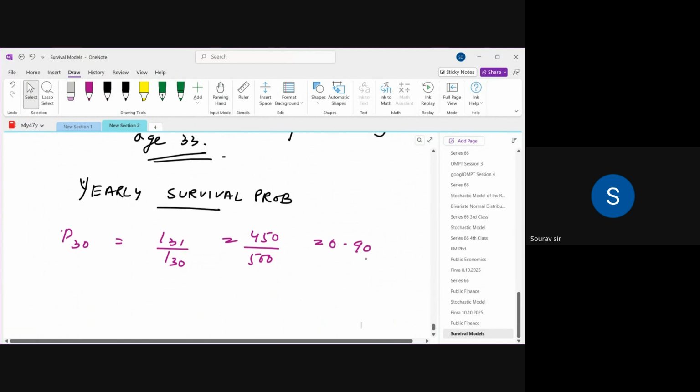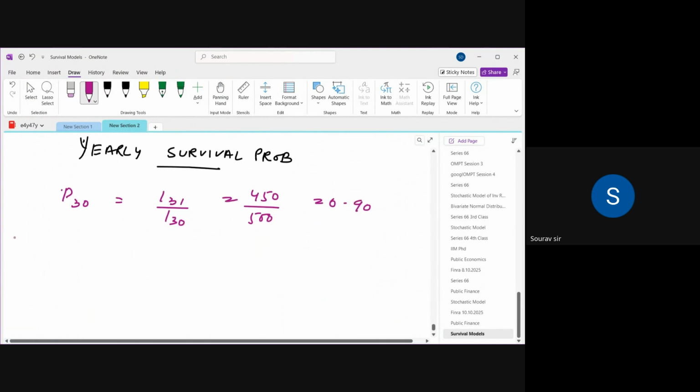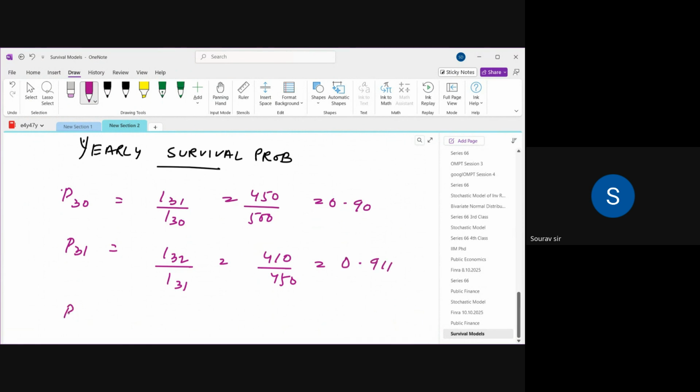Similarly, p31 is L32 by L31, so that is 410 by 450, which is 0.911. Similarly, p32 will be L33 by L32, so 380 by 410, which is 0.927.